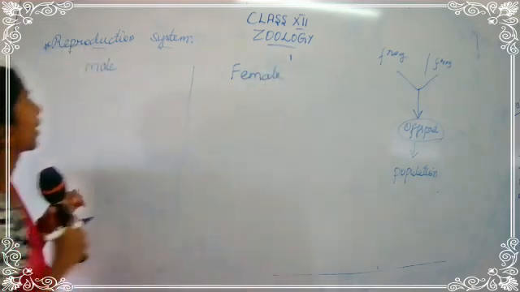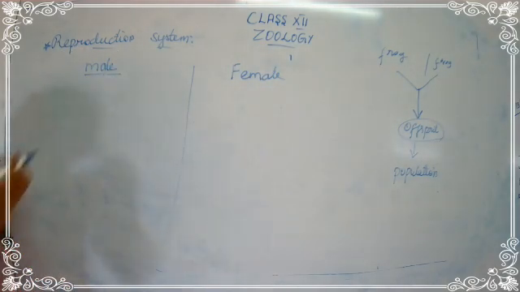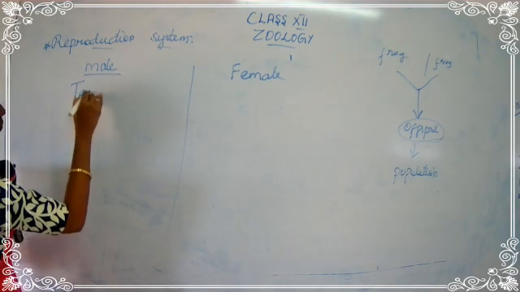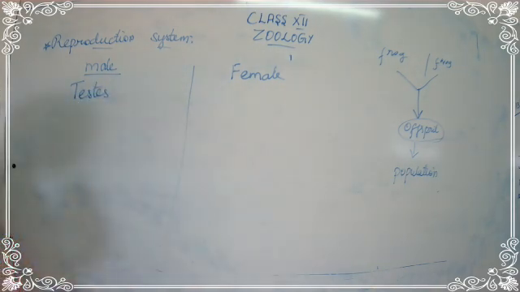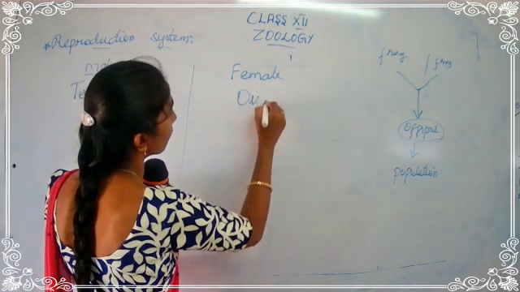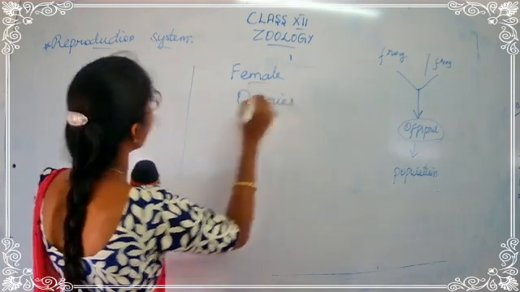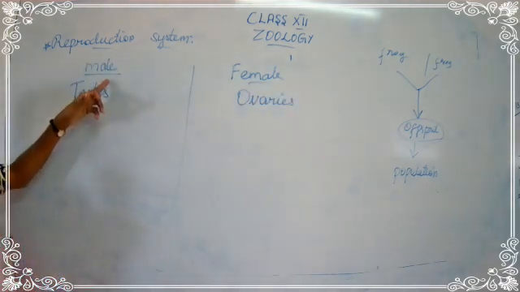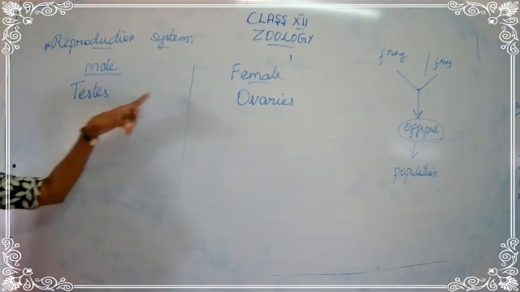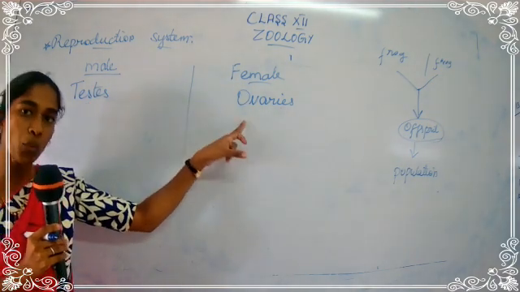The male reproductive organ is the testis and the female reproductive organ is the ovary. So the male frog has testes, the female frog has ovaries.